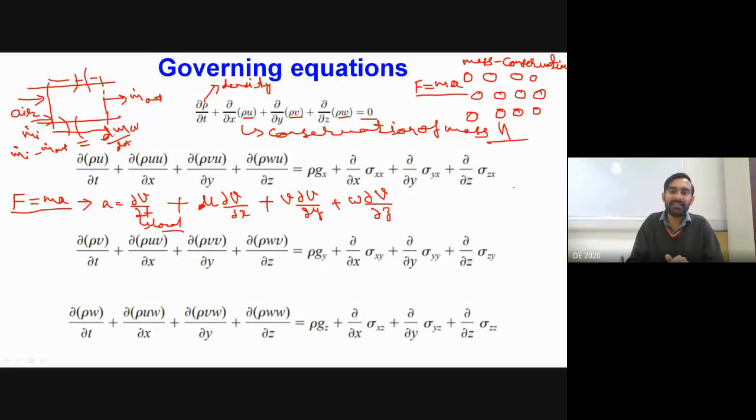Here, I am considering that in the Cartesian coordinate system x, y and z, u, v and w are the velocities along the x, y and z directions, and whatever acceleration I am writing for the fluid in this particular equation is in the y direction. So this is for v velocity.